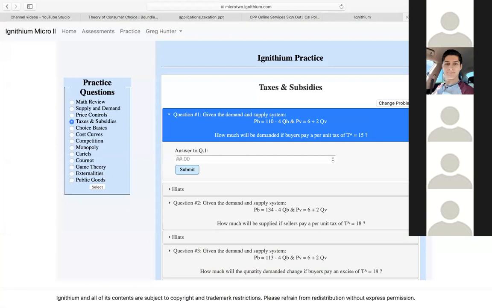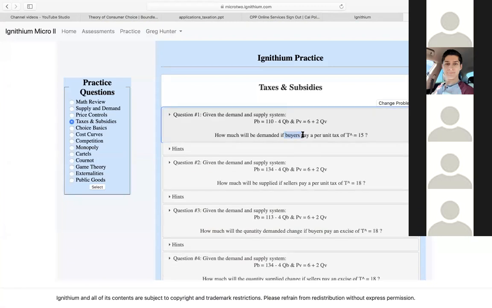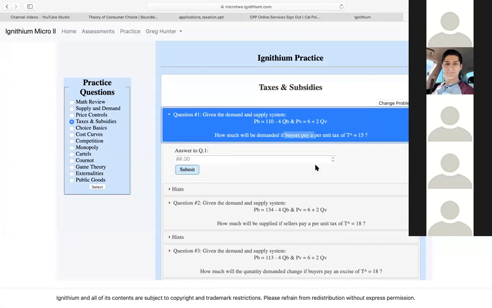What the question is suggesting is that you shift demand down. But I'm telling you, you don't really have to do that. I prefer to shift the supply curve up always. And if you go through the lecture carefully, then you'll find out that mathematically it just doesn't make any difference.